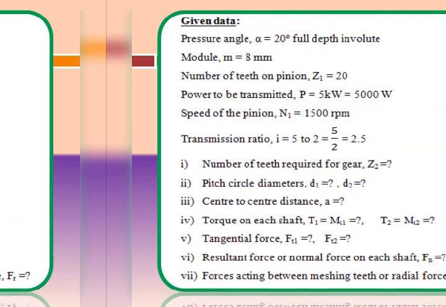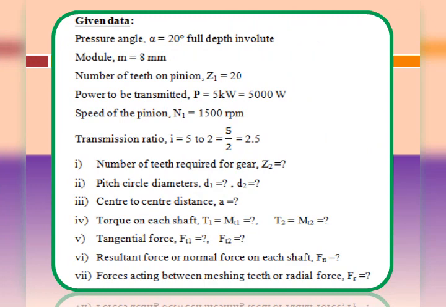Calculate the first unknown, number of teeth required for gear, that is Z2 is equal to question mark, pitch circle diameters D1 equal to question mark, and D2 equal to question mark. Next, center to center distance A is equal to question mark, torque on each shaft T1 equal to question mark, and T2 equal to question mark.